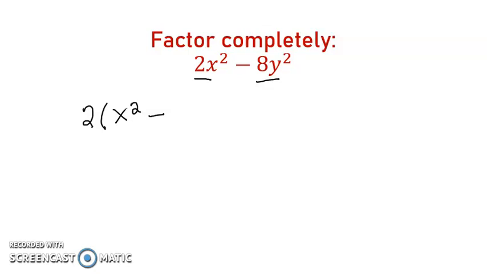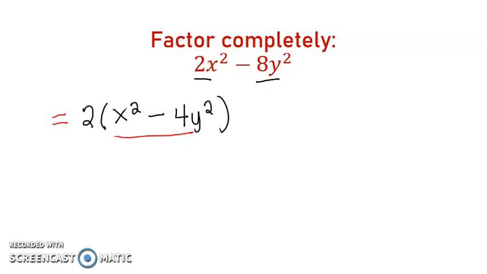And 8y squared divided by 2 is equal to 4y squared. Okay? Now, take a look at our binomial. If you have noticed, x squared is a perfect square. We have minus, and 4y squared is also a perfect square. Therefore, this is not yet the final factors of the given polynomial.